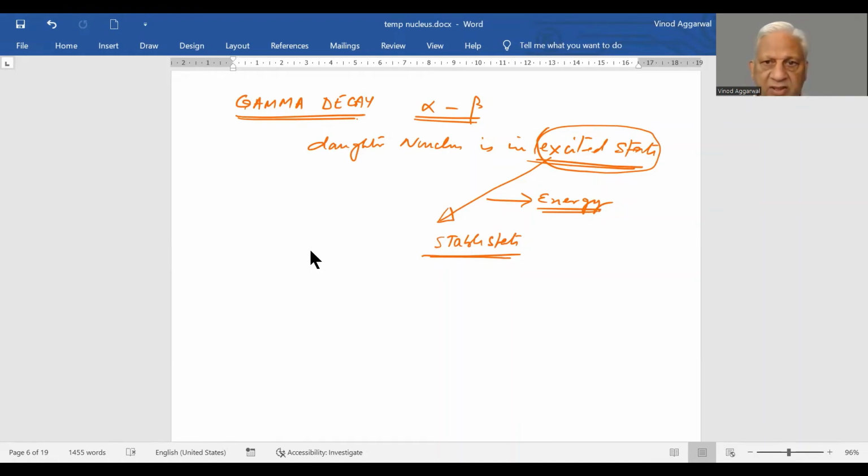And this energy is released in the form of photons, which are neither positively charged particles nor negatively charged particles. They are just energy packets, which we have seen have energy of h nu.